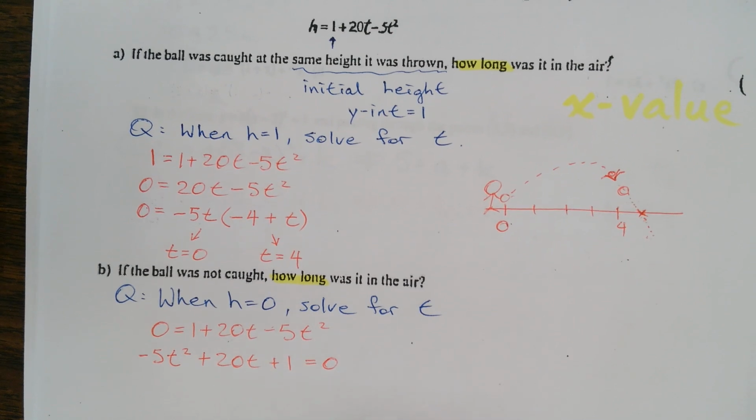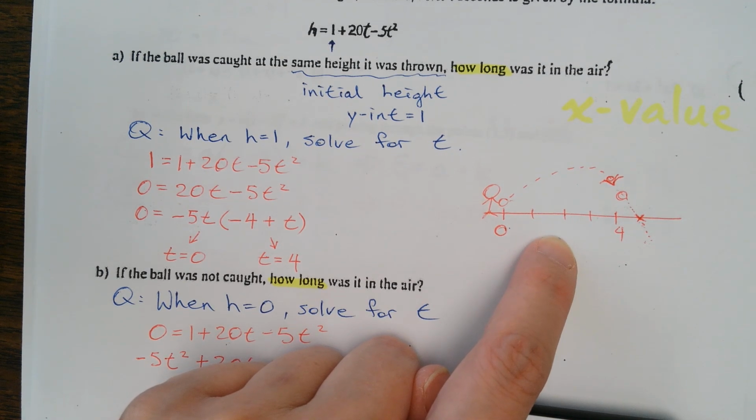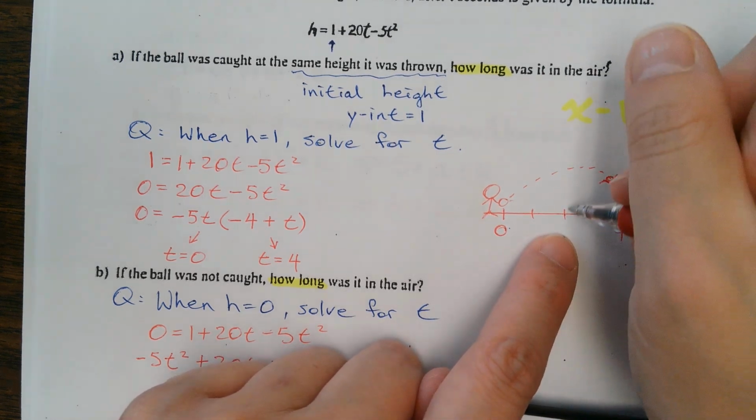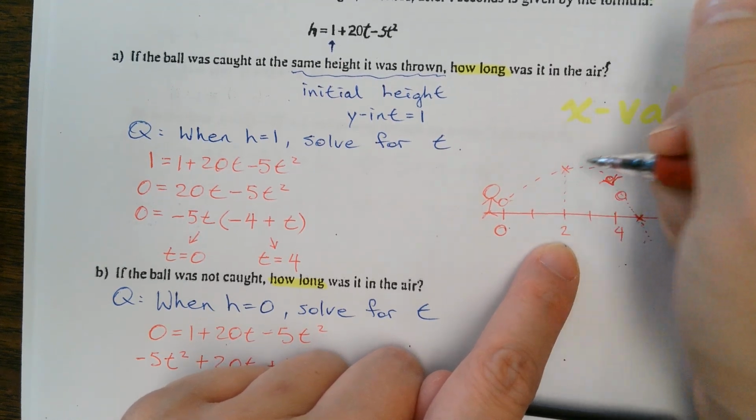So if you complete the square on it, you get negative 5 bracket t minus 2 squared plus 21. Yes. Okay, so the maximum height is 21.